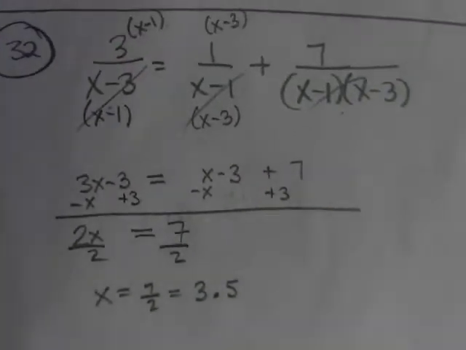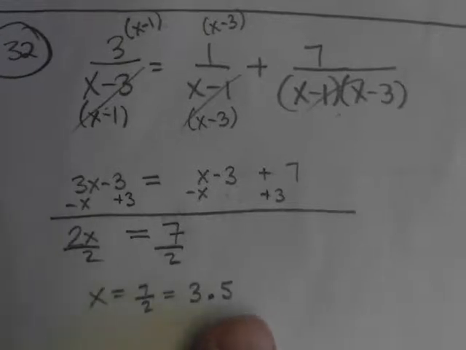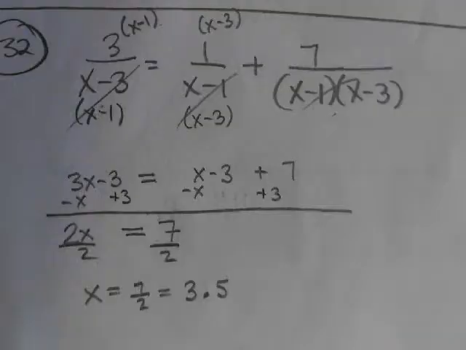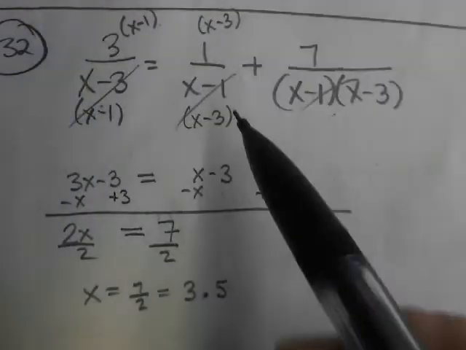What else do you have to do with rational equations? Just like you have to do with radical equations. You have to check. Because it is possible that we get something that when we plug it back in, would give us an undefined. Look back at the original.